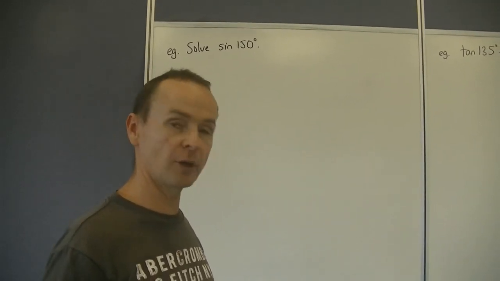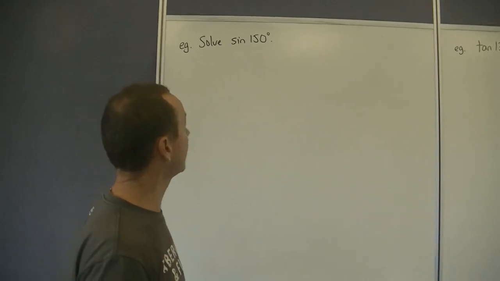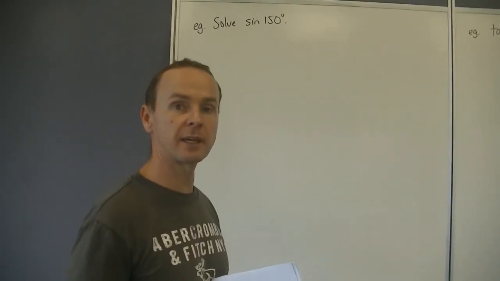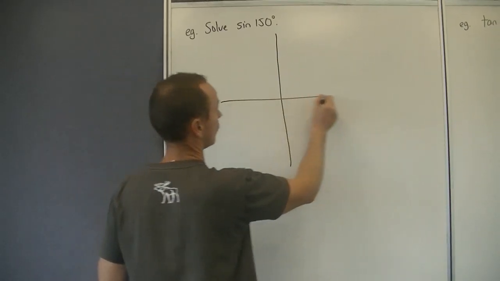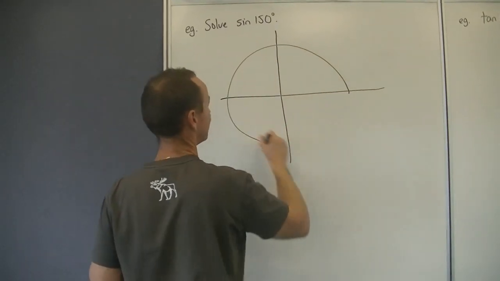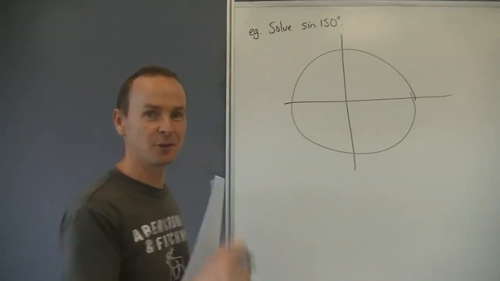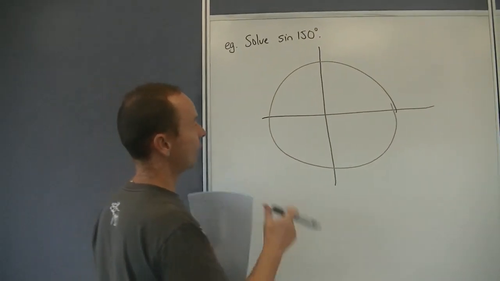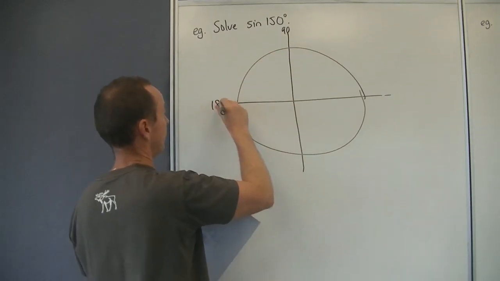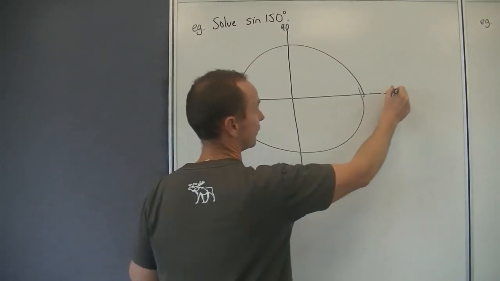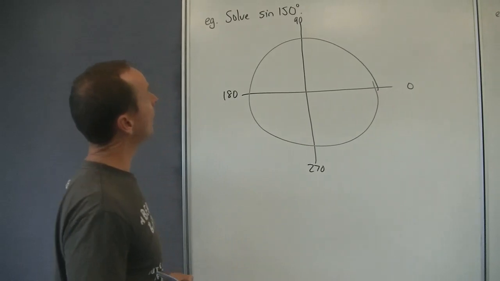So, what are we going to do? This is where last lesson comes in. What we need to do is draw a unit circle, and then we'll use exact value triangles. Remember, put in 90, 180, 270, and 360 or 0 goes there.